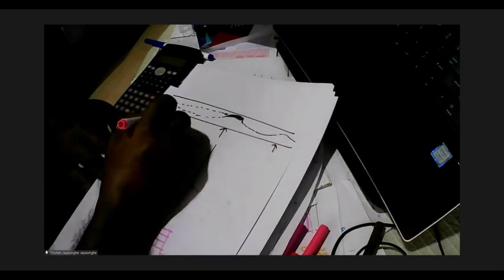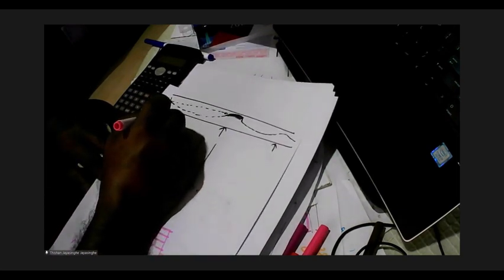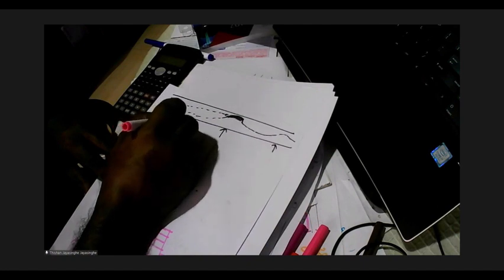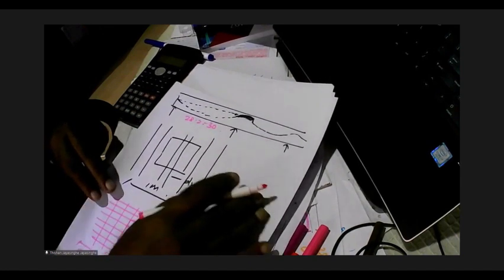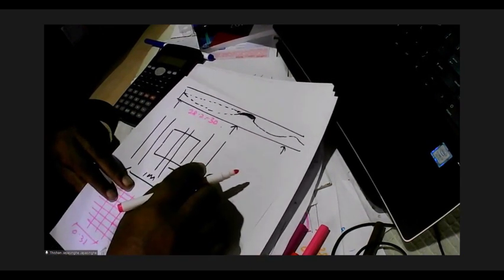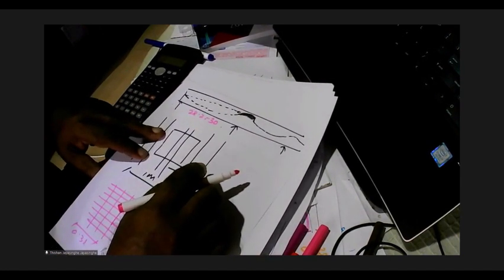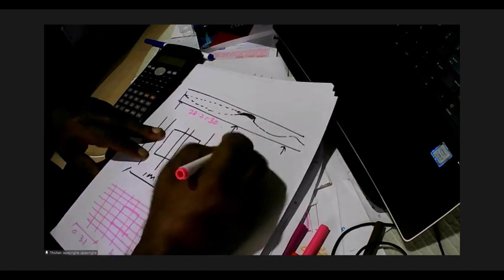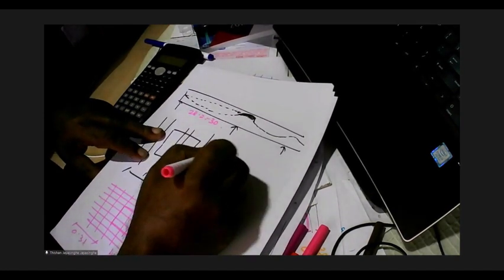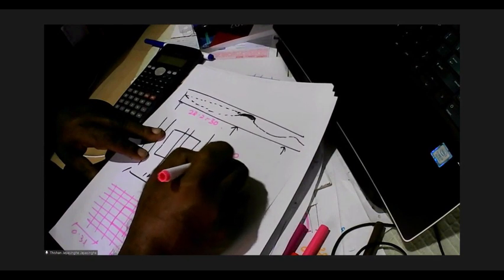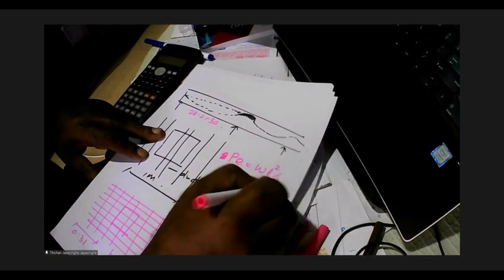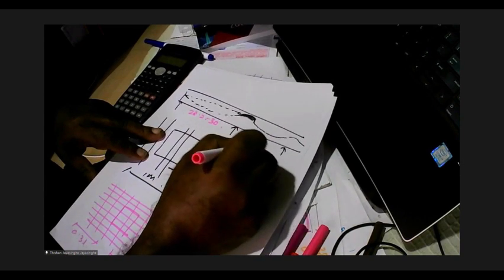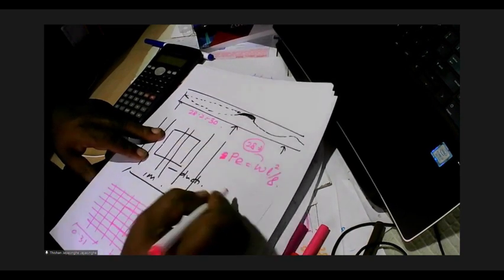And using the same principle, now here we know we have to balance 28.2 to 30. That's the range. So what we have to do is we have to provide P8. P is equal to W L squared over 8. W is 28.2.